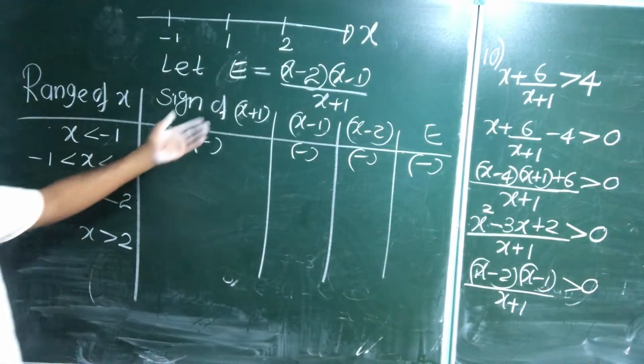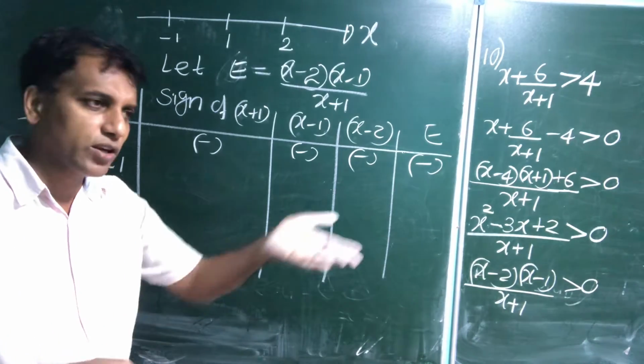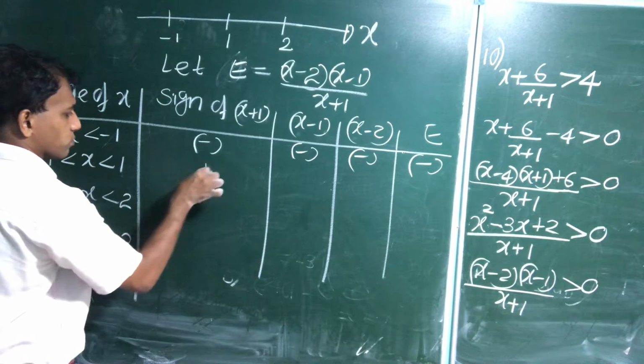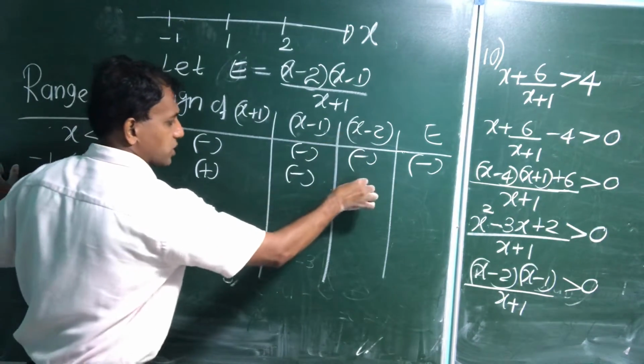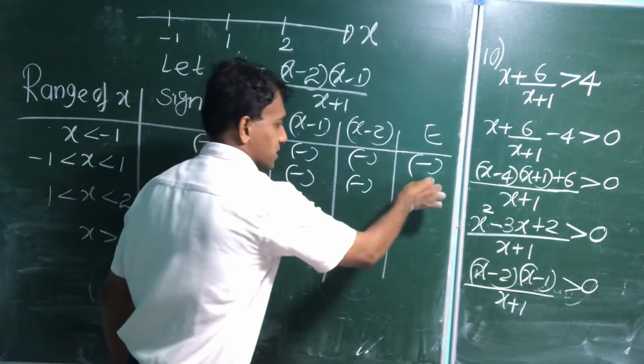More than -1 and less than 1: a number between, put 0. Put x = 0 and check. Minus, minus, plus, so the answer is positive.